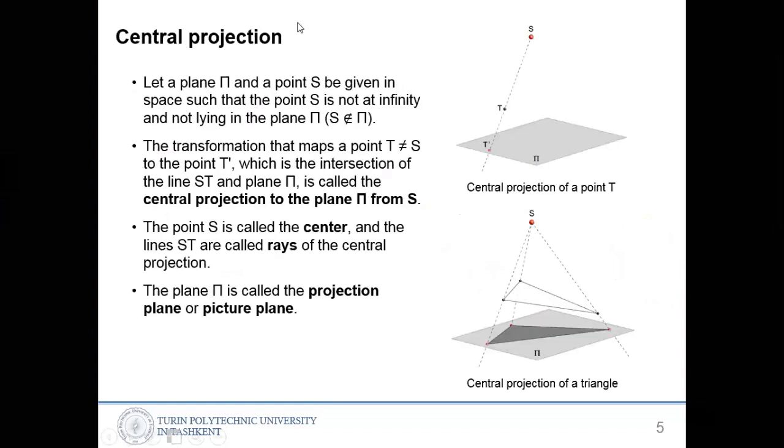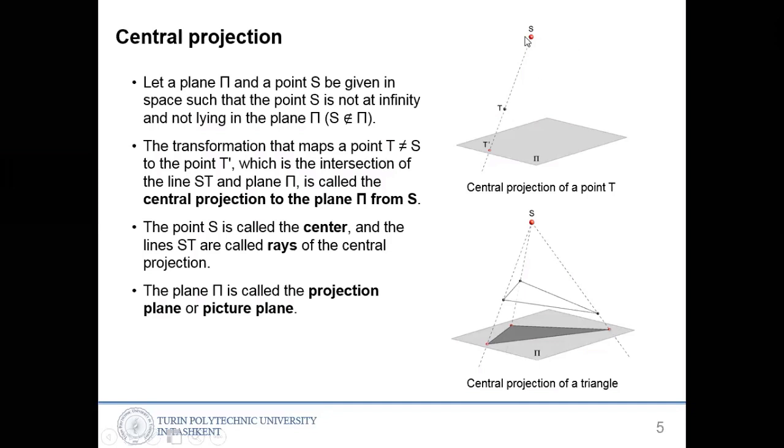So let's see how a central projection looks. Here the plane P is given, and points S and T are given in the space. In 3D, real-world space, points S and T are given.